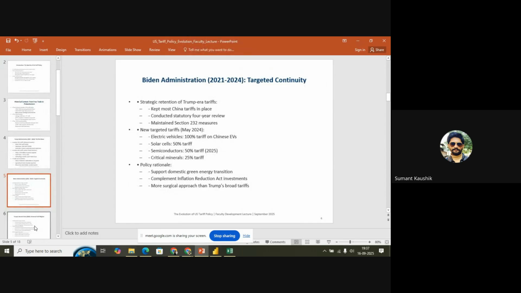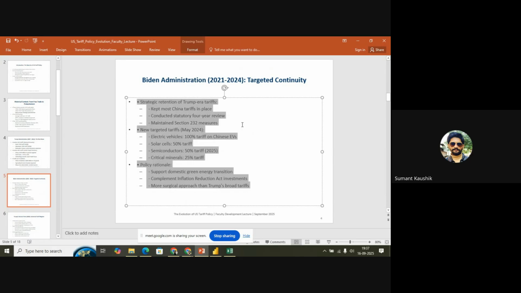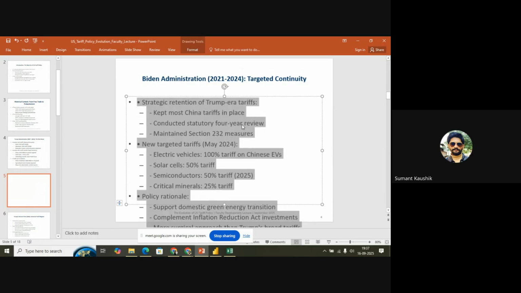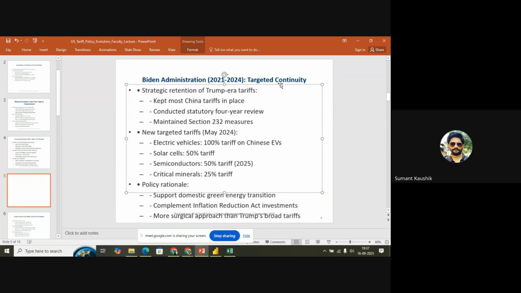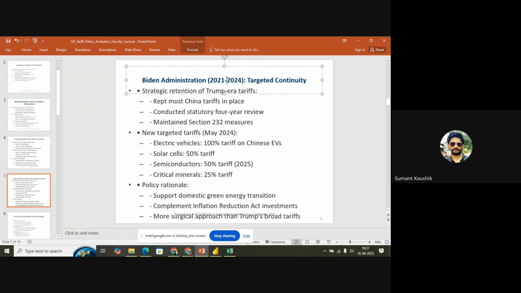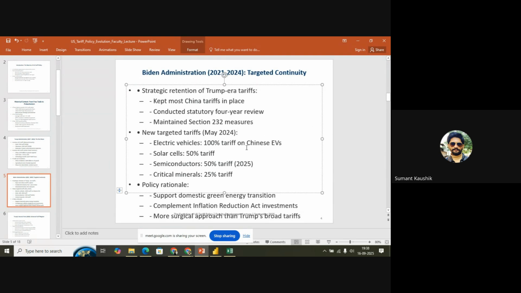Next, the Biden administration. This was the amount of tariff involved in the Biden administration, and these were the consequences. These were the consequential reasons for that. So far as concerned, new tariff rates were imposed in May 2024, as I have mentioned, in the pre-election period.